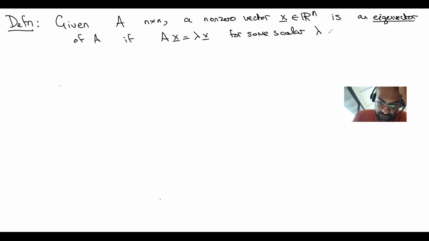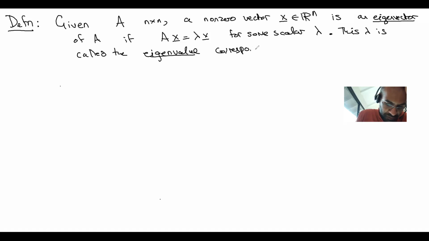And then this scalar is called the eigenvalue. So this lambda is called the eigenvalue corresponding to x.